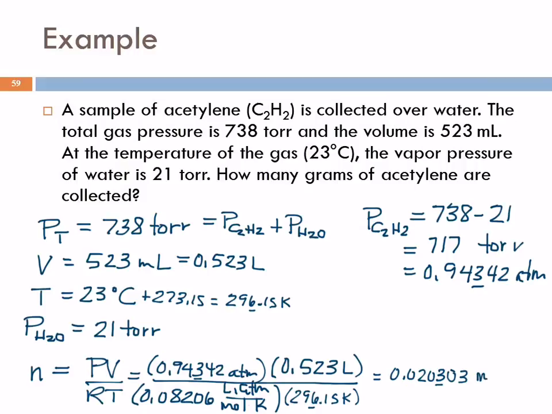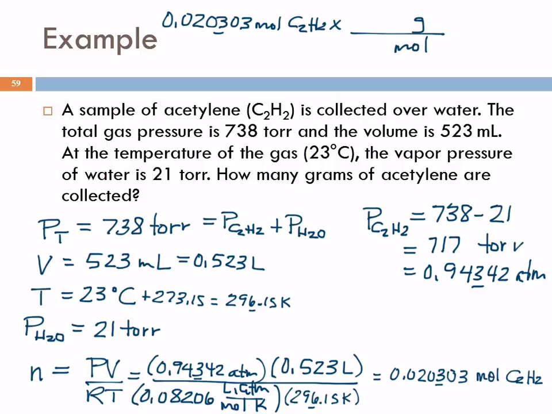So that's how many moles of acetylene I've got. I'm going to come up to the top because I ran out of space. 0.02203 moles of C2H2. How do I get that into grams?